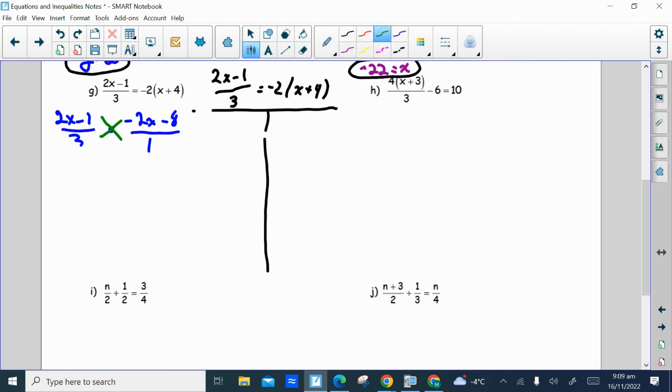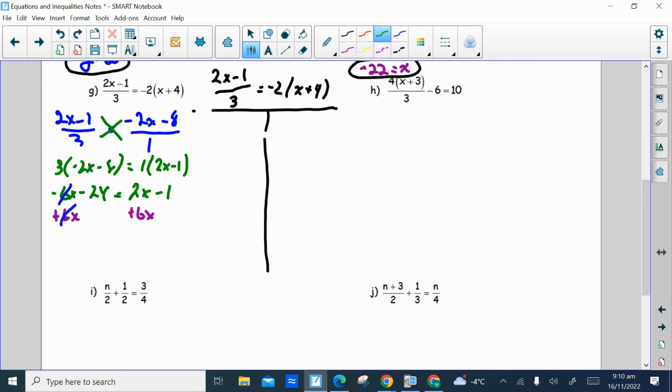So now when you cross multiply, it'll be 3 bracket negative 2x minus 8 equals 1 times 2x minus 1. It'll be negative 6x minus 24 equals 2x minus 1. And now I will add 6x to both sides. So the negative 6x plus 6x cancels.